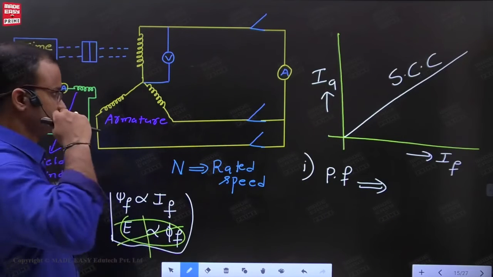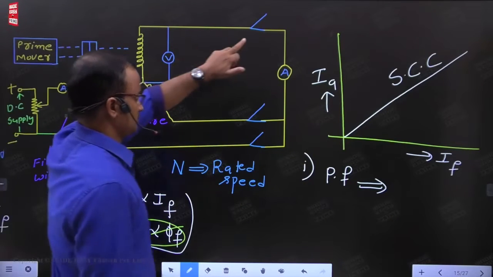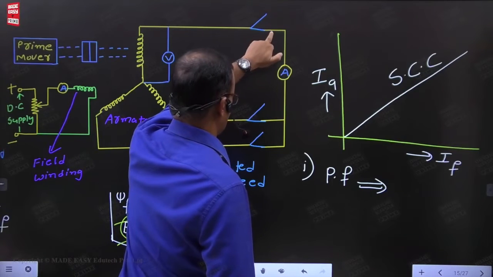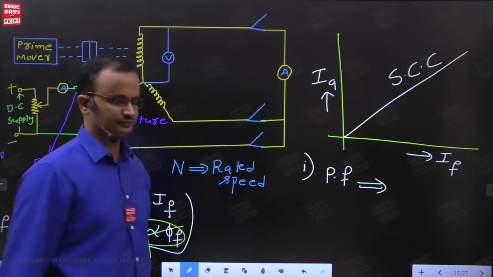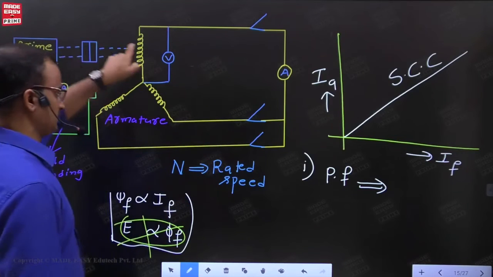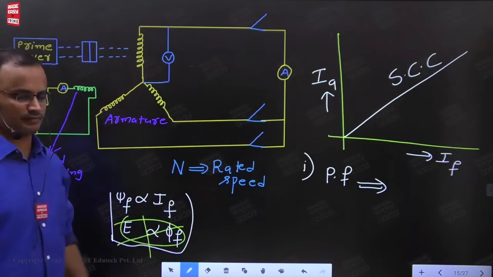Look here, in case of the short circuit test, we are not connecting any external load. All the three terminals are short circuited. If you are not connecting any external load, then the power factor depends completely on the internal parameters.